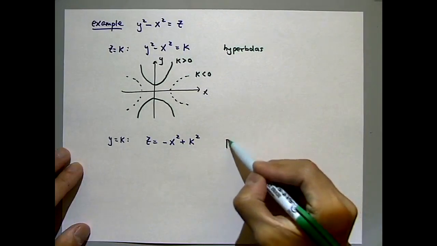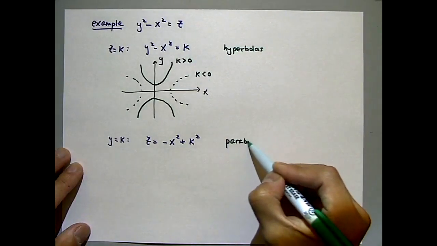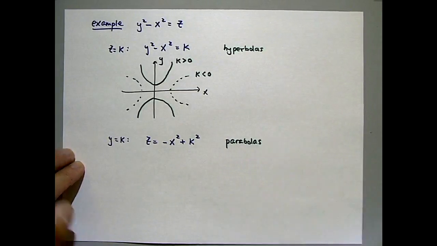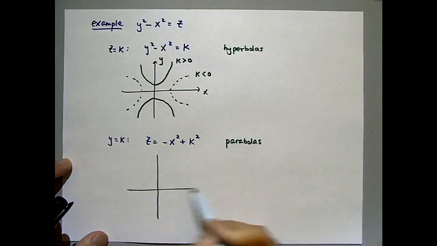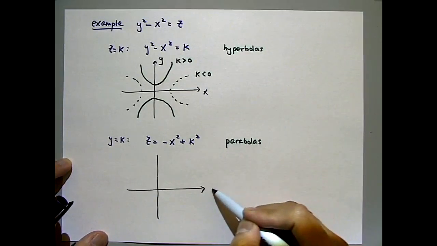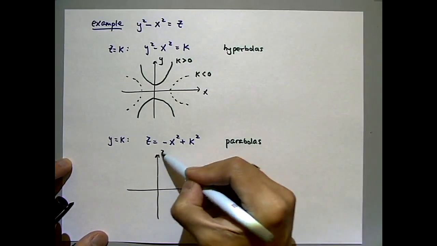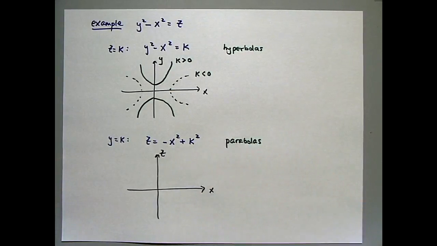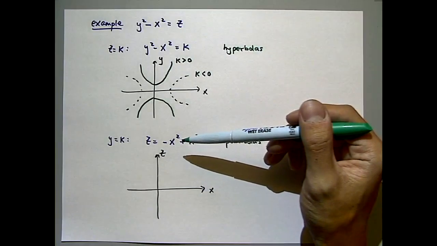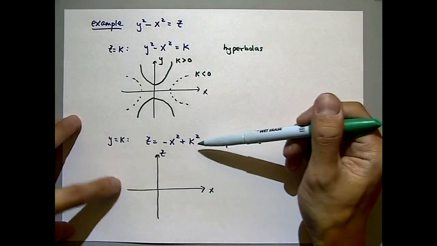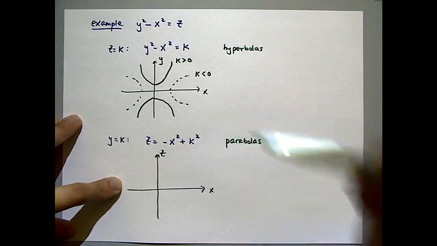Parabolas, right? And in the x versus z view here, which way do they open? Down, right. And k is going to change the vertex, right?